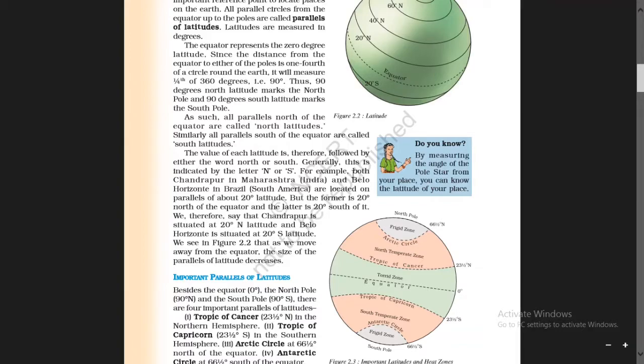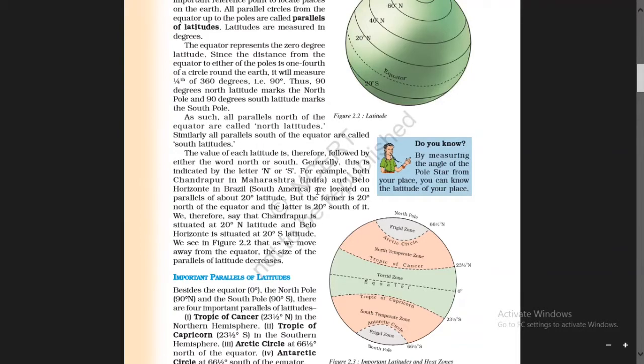For example, both Chandrapur in Maharashtra, India, and Belo Horizonte in Brazil, South America, are located on parallels of about 20-degree latitude. But the former is 20 degrees north of the equator and the latter is 20 degrees south.